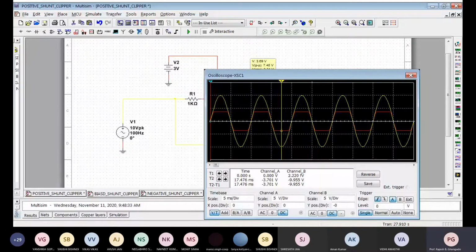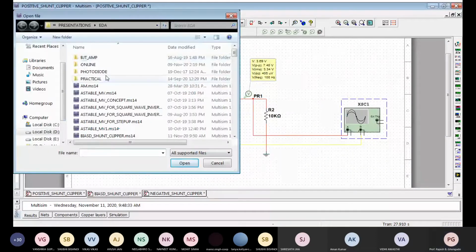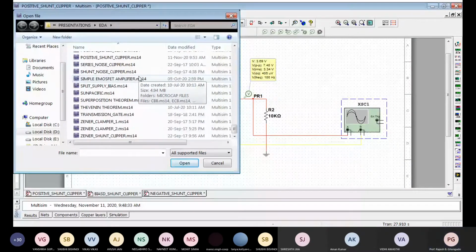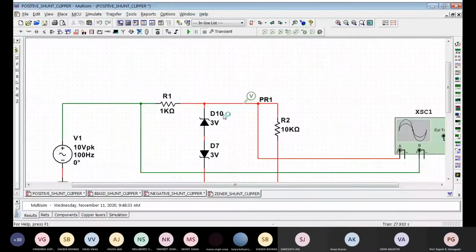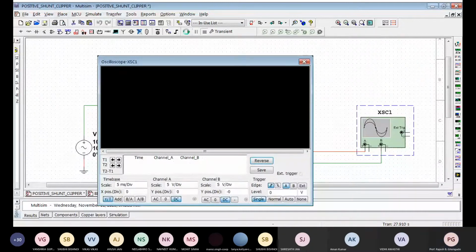All right. So now let us see one more clipper, and that was the Zener shunt clipper. So just open that simulation. I'm using a 3 volt breakdown Zener, and I should get a similar kind of waveform here.